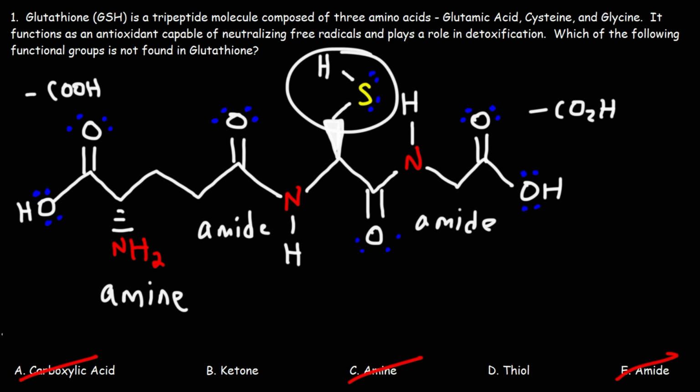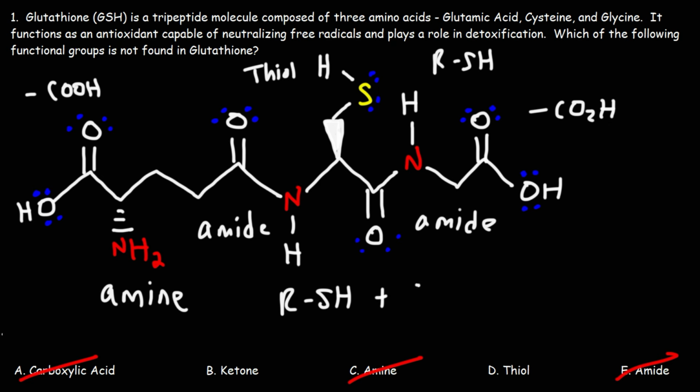This group here, whenever you see RSH, that is a thiol. It is the thiol part of glutathione that gives it its ability to work as an antioxidant. This is glutathione in its reduced form, when it has a thiol functional group.